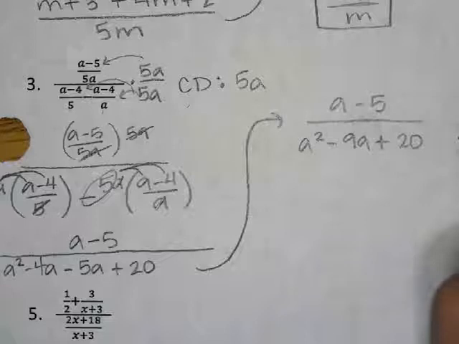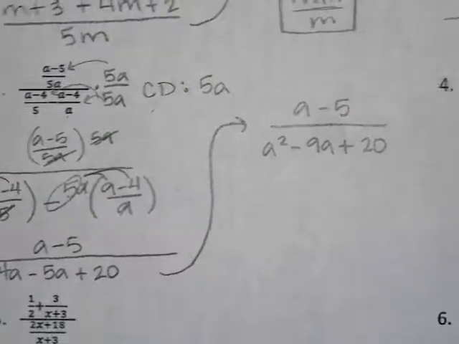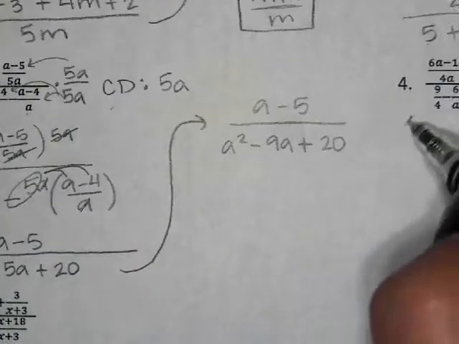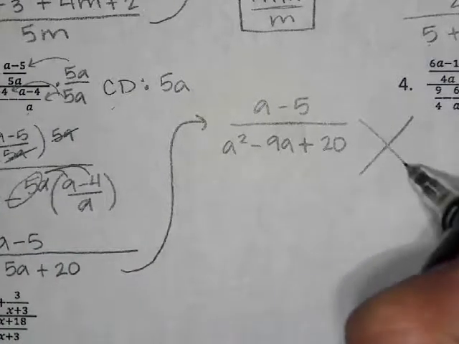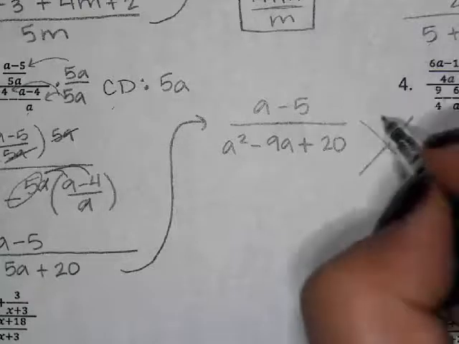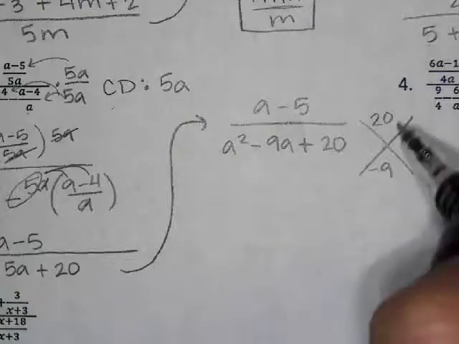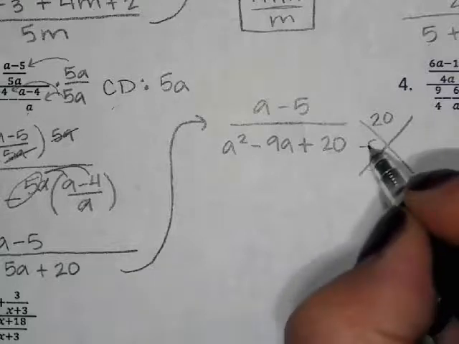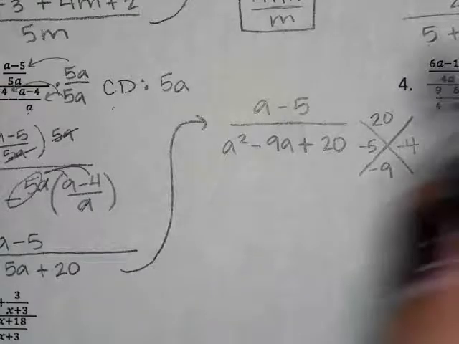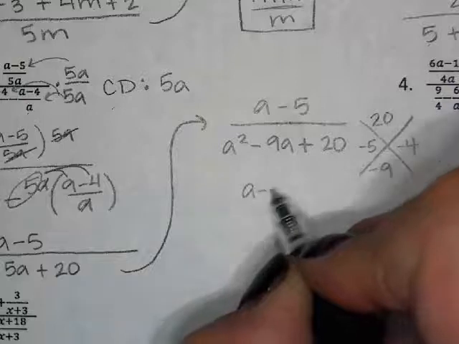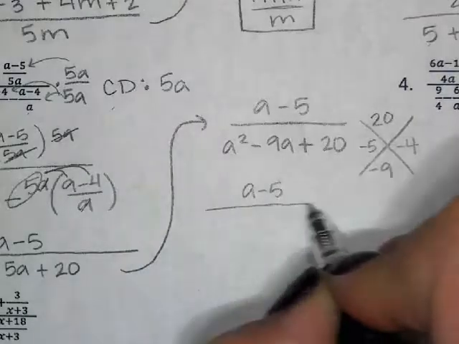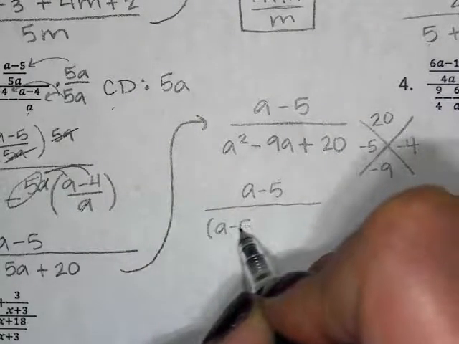Factor 5 and 4. So a minus 5, a minus 4, because the 2 negatives are positive. So we're multiplying to 20 and adding to negative 9, so negative 5 and negative 4. The a minus 5 and a minus 5 are going to cancel out. So then you can get yourself left with 1 over a minus 4.